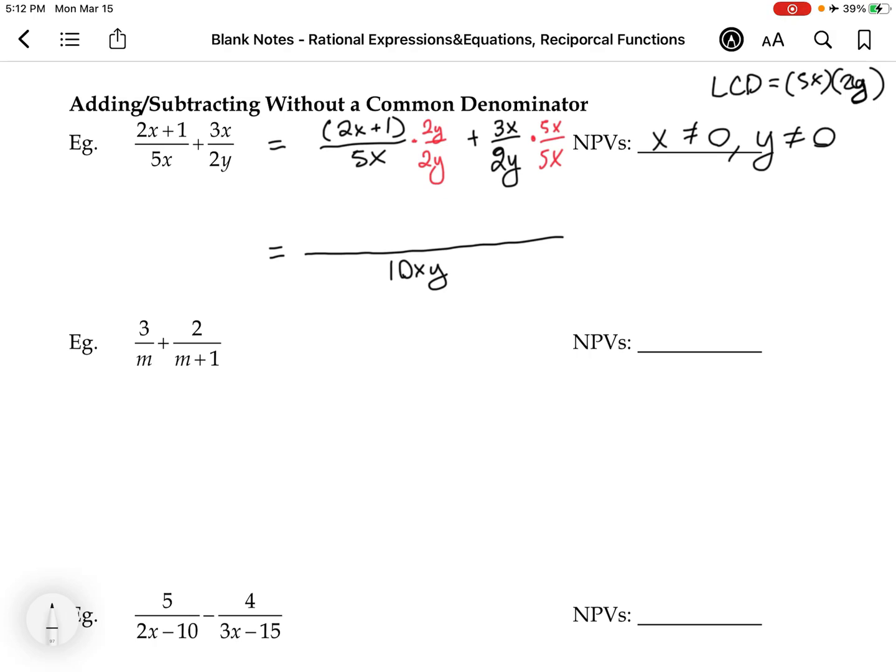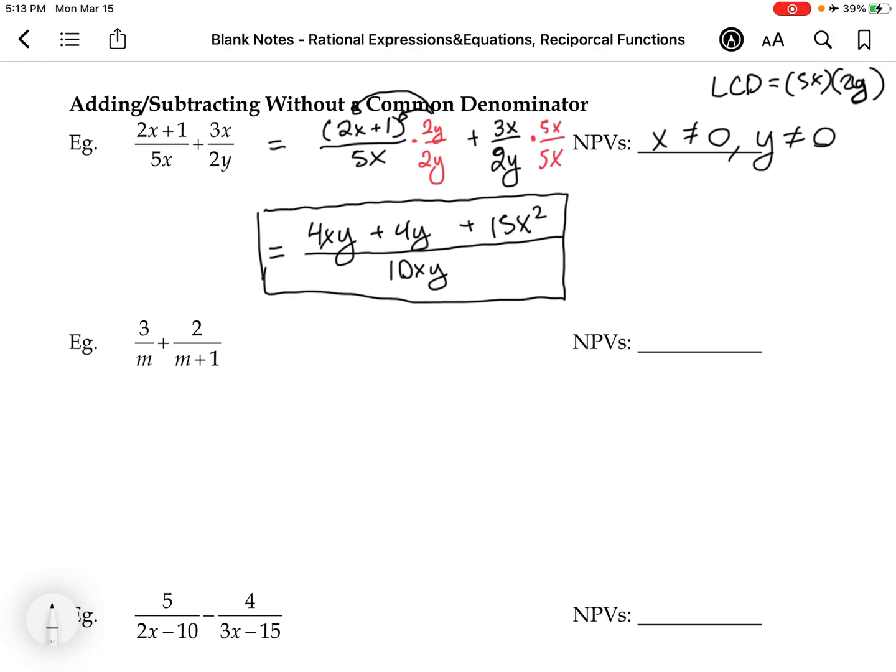Now, what that something is, well, we can distribute here, right? We can simplify. Here we're going to multiply 2x times 2y. So that's going to give me 4xy plus 1 times 2y, so plus 2y. And then plus 5x times 3x is 15x squared.